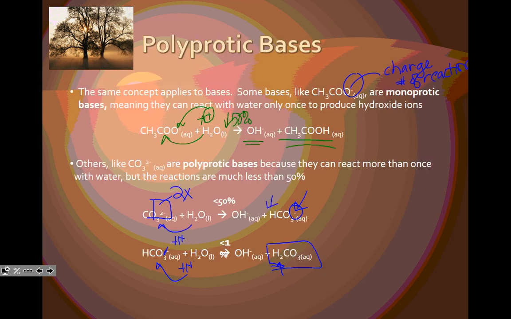Okay, let me just go back and talk a little bit about that. Notice the first reaction is less than 50%. The second reaction is less than 1%. And if there were a third, it'd be about 0%. Okay, it's always under 50%, under 1%, and about 0%. Only with weak acids and weak bases, kiddos.